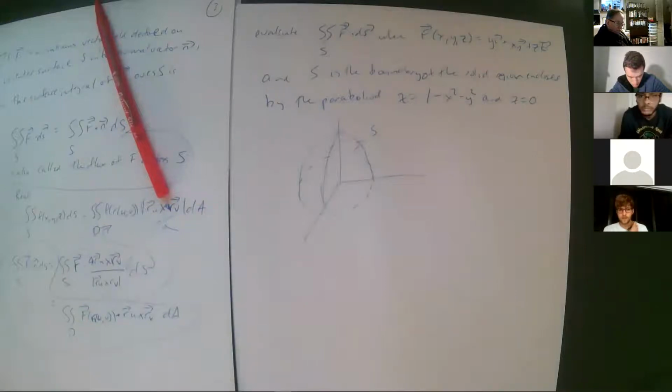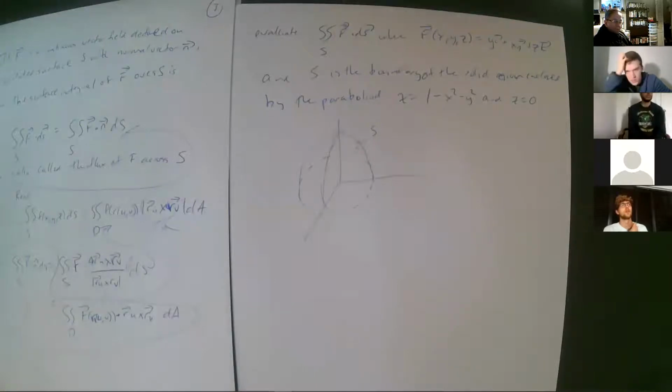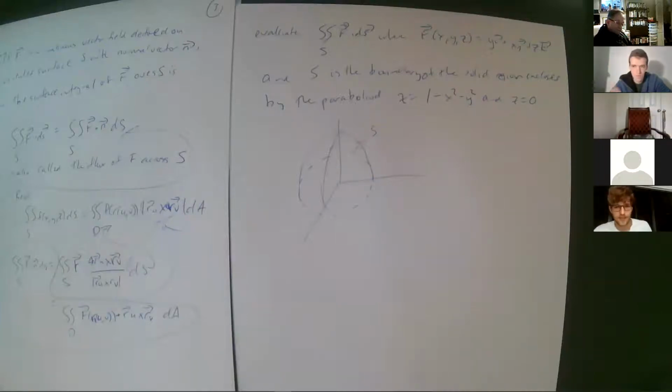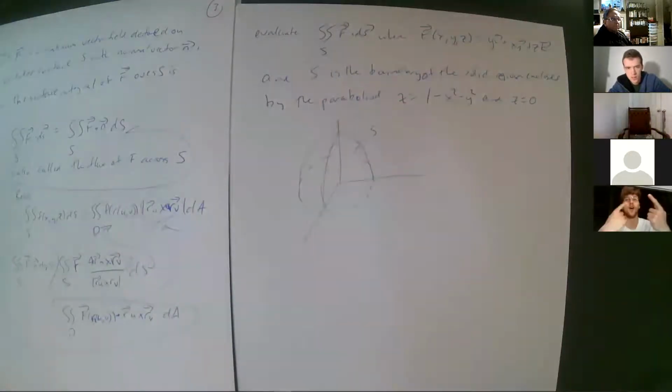So what's the positive orientation here? Which direction should my normal vector point to be positive? Like vertically up? Well, it can't be vertically up. It's only vertically up right here, right? It needs to be normal.